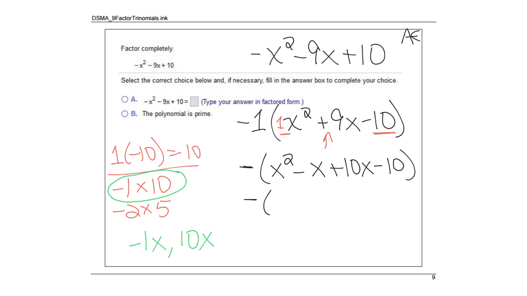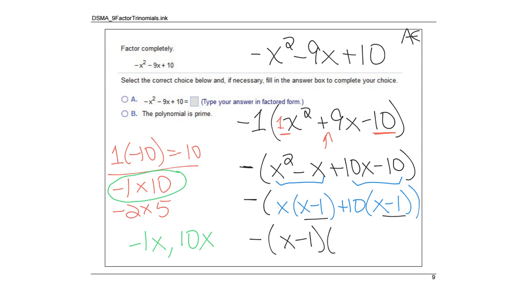So let's see. We're going to factor by grouping. So I've got x times x minus 1. Over here, I have a 10 in common to both. So I'm going to pull that 10 out. And finally here, now I have an x minus 1 in common. And then I have an x plus 10 left.